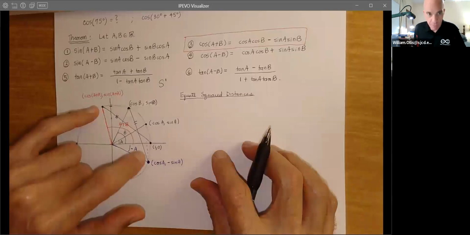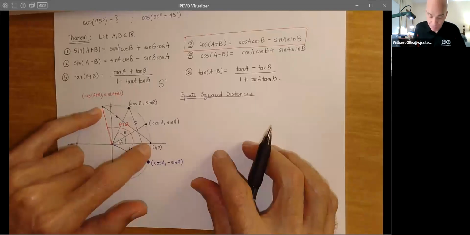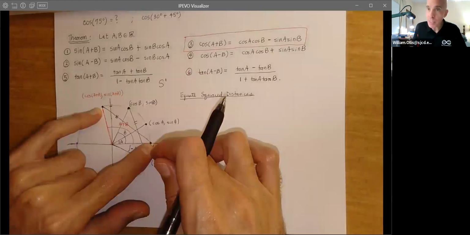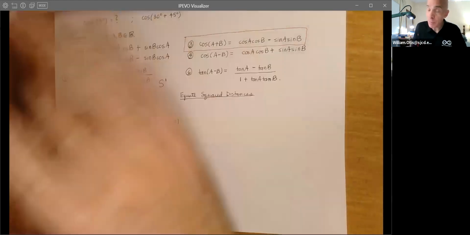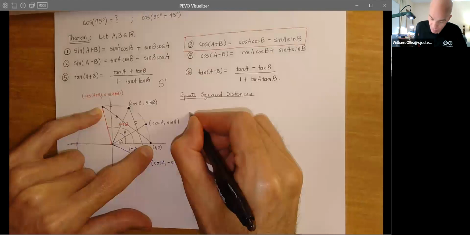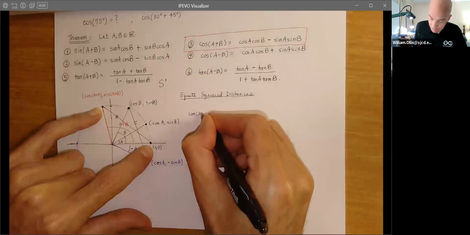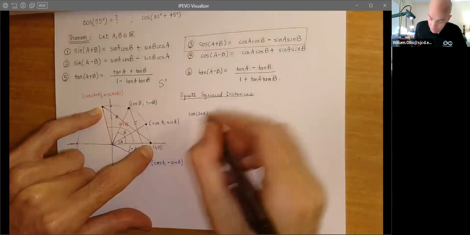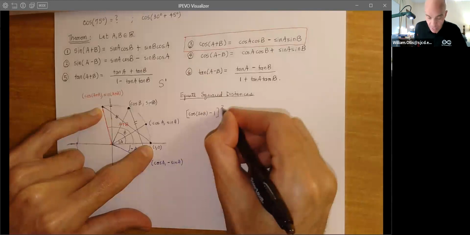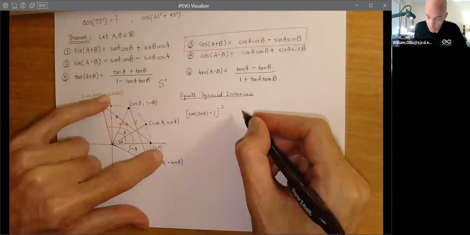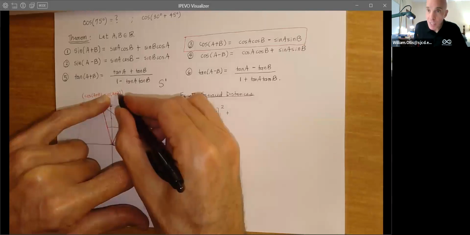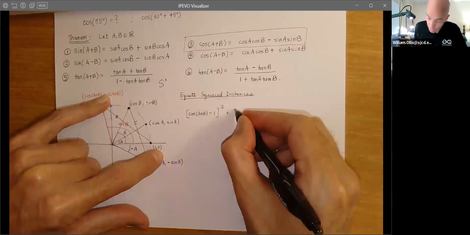So just go ahead and put one finger here and one here and do the difference in the X coordinates and the difference in the Y coordinates. We square each of them and add. So we have, well, this will be easy. So we have cosine A plus B minus 1, quantity squared, just doing Euclidean distance, plus, now just bump over to here and to here, we've got sine A plus B minus 0, so that's just sine of A plus B squared.